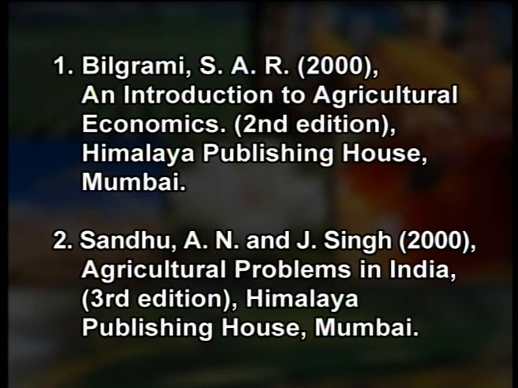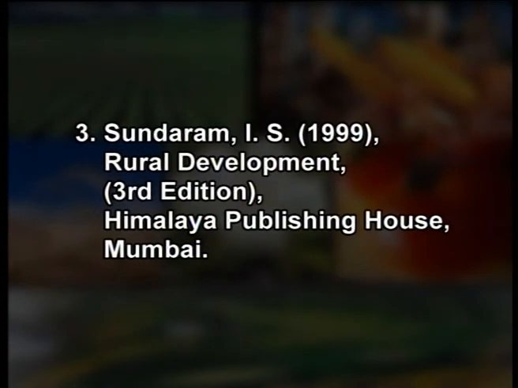The second book is Sandhu, A.N. and J. Singh, 2000, Agricultural Problems in India, 3rd edition, Himalaya Publishing House, Mumbai. The third book is Sundaram, I.S., 1999, Rural Development, 3rd edition, Himalaya Publishing House, Mumbai.